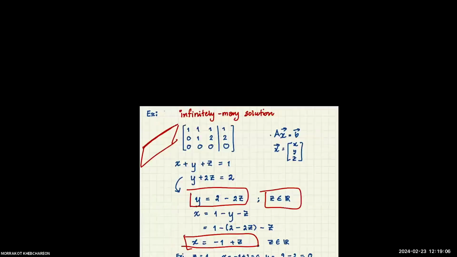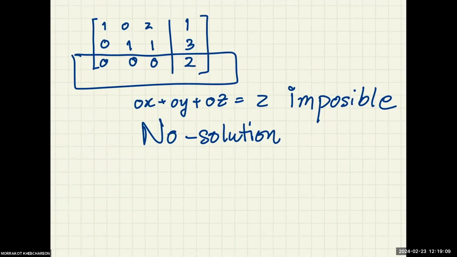And the last type is impossible. You cannot make 0 equal to something. You cannot force nothing to be something. So these are all three cases, and this can be extended to higher dimensions. So this is the introduction to linear algebra and the solution of systems of linear equations.